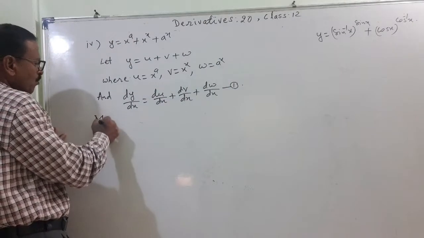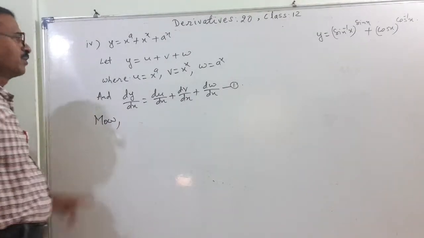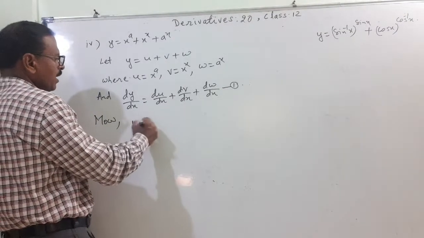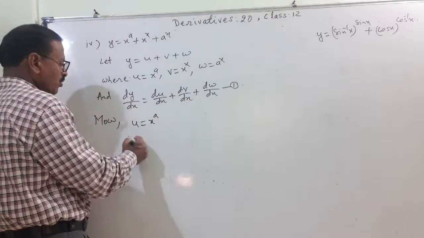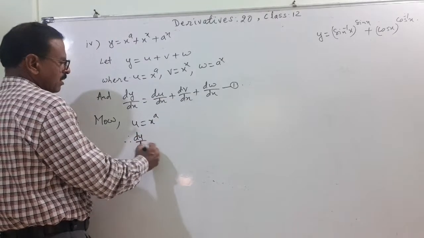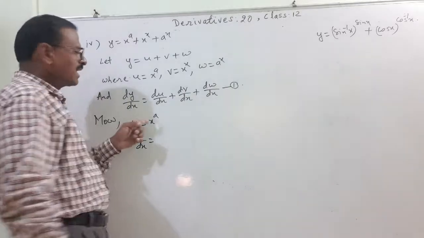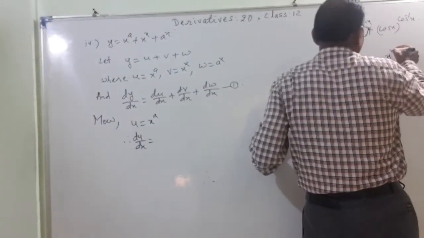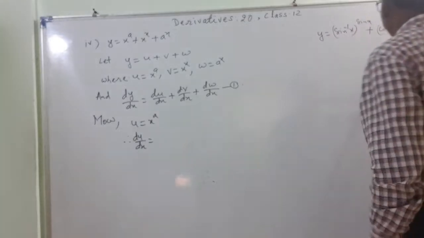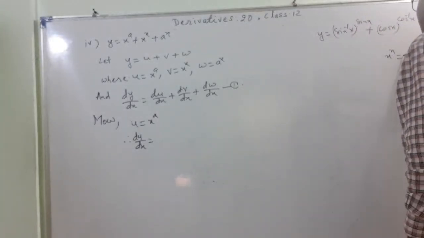Now, u is equal to x raised to a. Therefore, du by dx is equal to, this is like x raised to n. What is x raised to n? X raised to n is nothing but variable raised to constant. The derivative of this will be n into x raised to n minus 1.